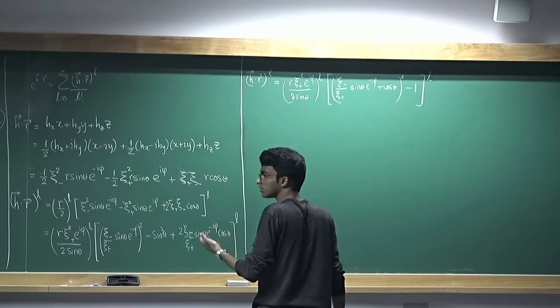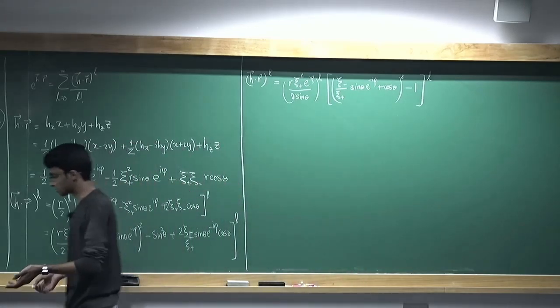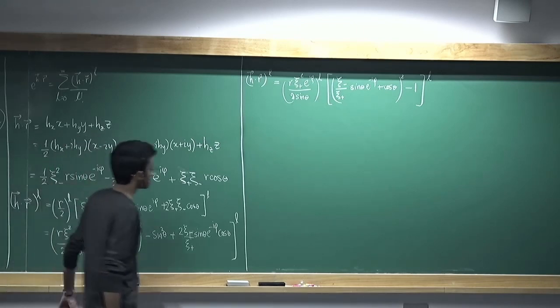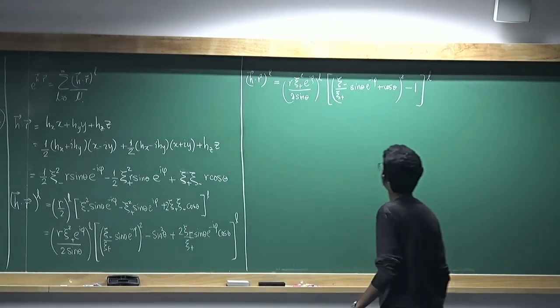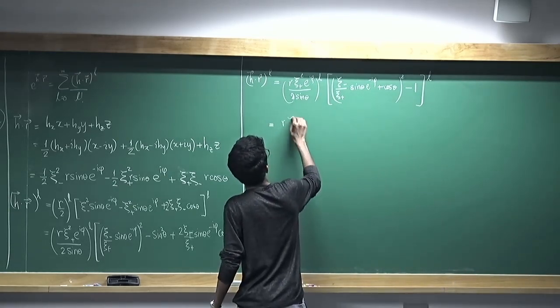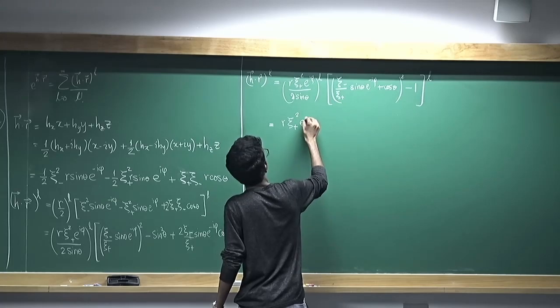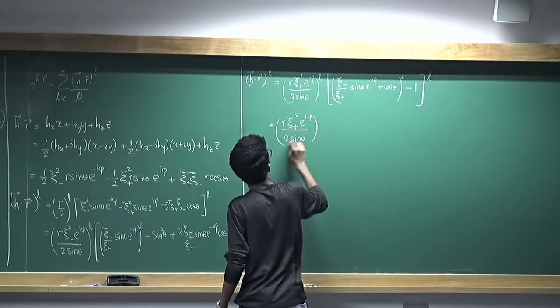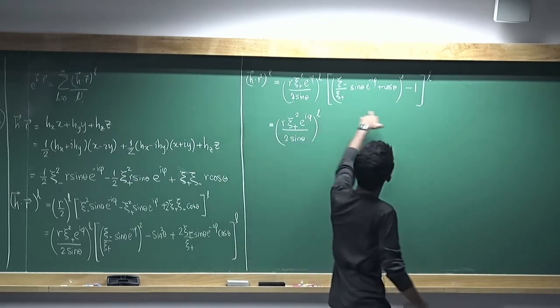Now a couple more steps. Remember that these are all simplifications to get it into a standard form. So a couple more steps to simplify this a bit further. You can write this as r xi plus squared e to the I phi over 2 sine theta. Now I can Taylor expand this.